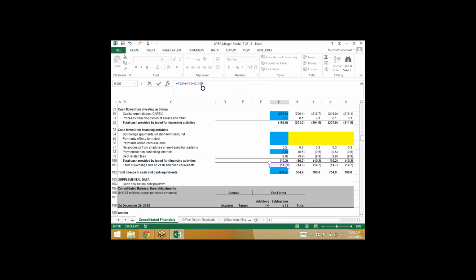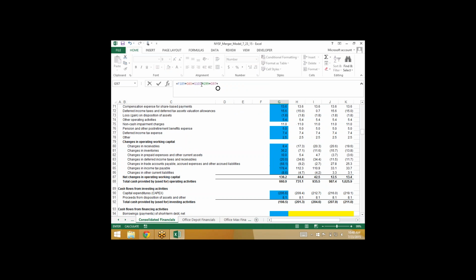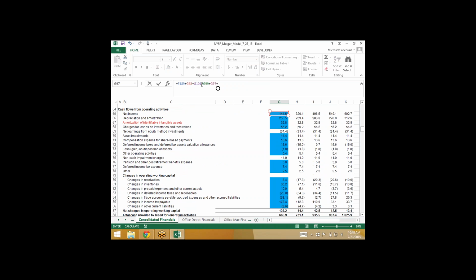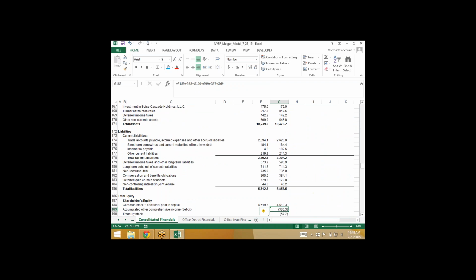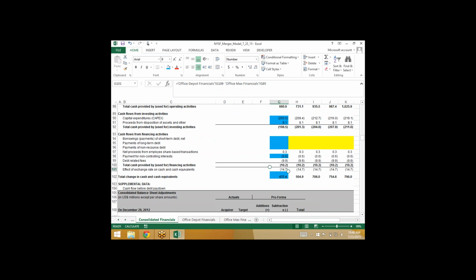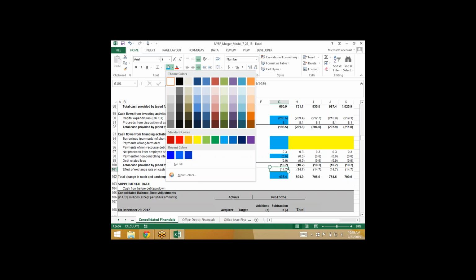Anything related to one-off fees, expenses on debt and equity go in there. That's this debt-related fees. Proceeds from employee-based share transactions. Anything else related to equity, that's the equity method investments. Yeah. So all those line items are related to other comprehensive income. So that's making sure we highlight everything. Whoops.